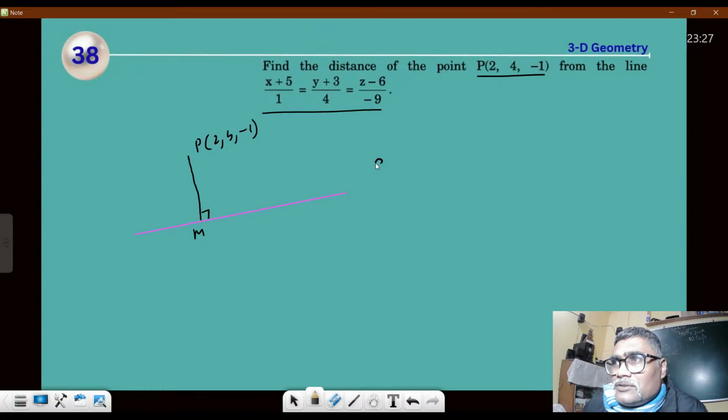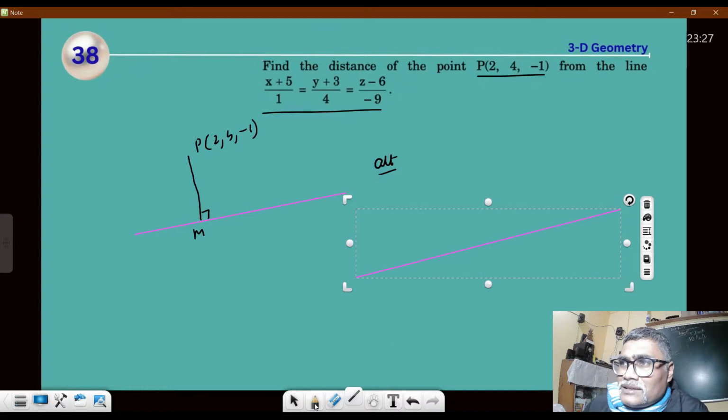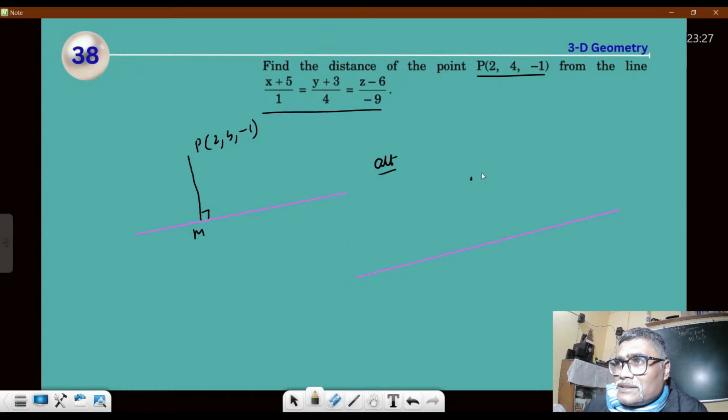But what we can alternatively do is this. Please see that. This is a very interesting problem. You have this point P(2, 4, -1), right? And in this pink line, looking at this equation, you can find that there is a point lying here also.